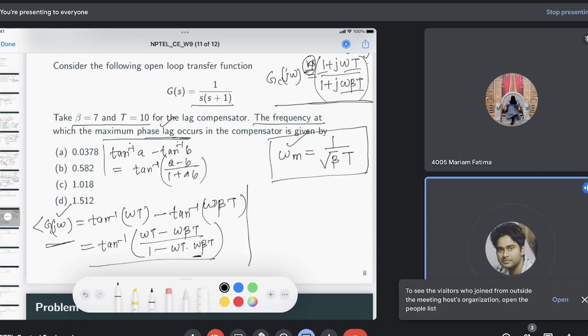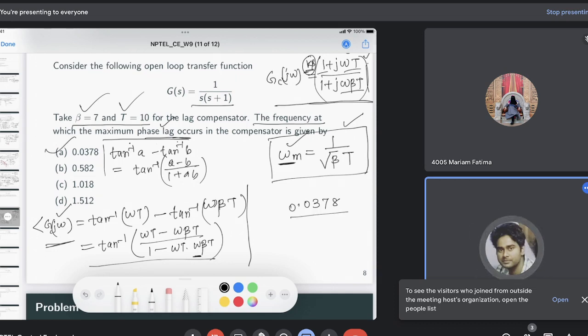So this is the formula for the maximum phase lag, and at this frequency the maximum phase lag given by this lag compensator will occur. Once we have omega m for this lag compensator, we can easily compute it by substituting: 1 by square root of beta T, which is 0.0378.